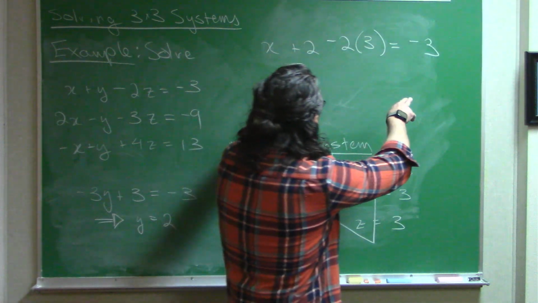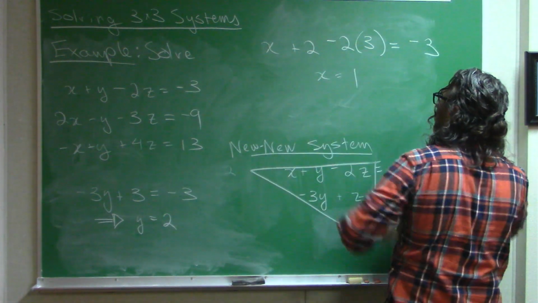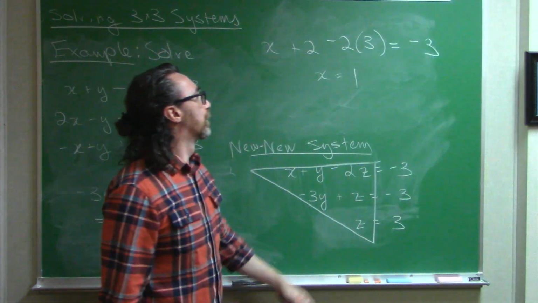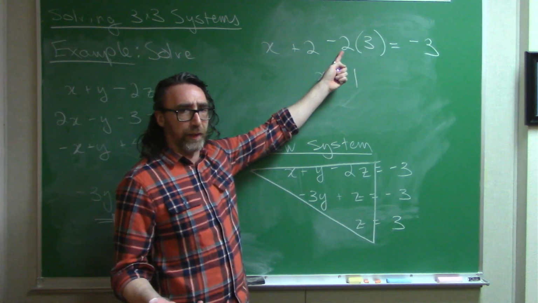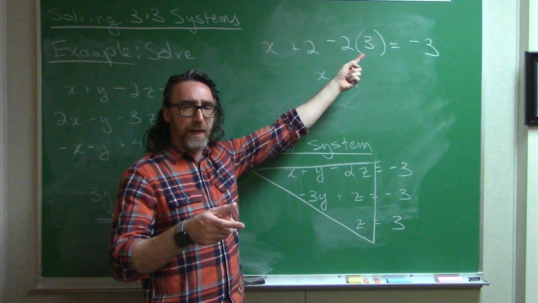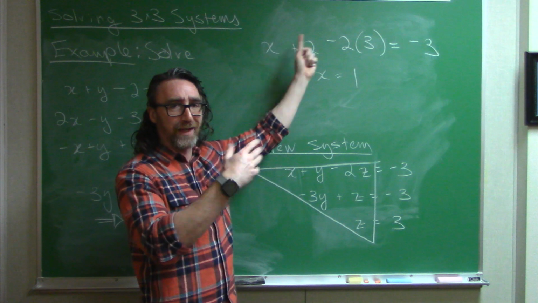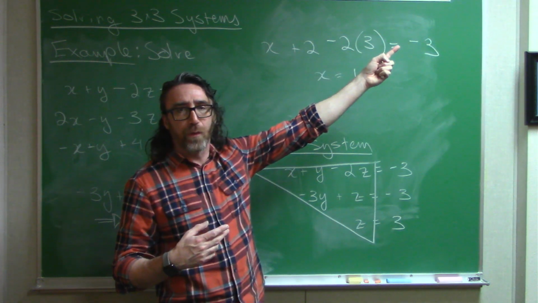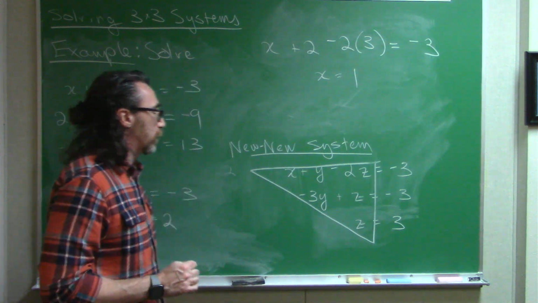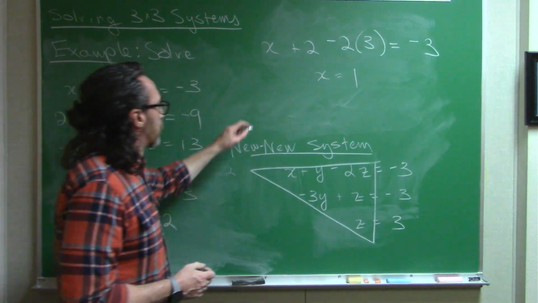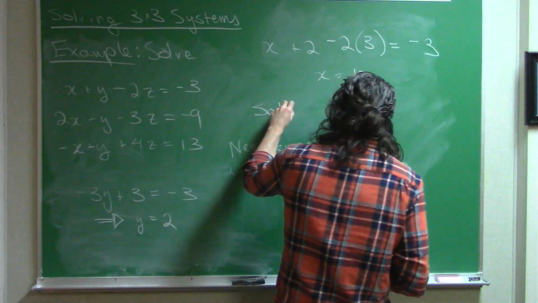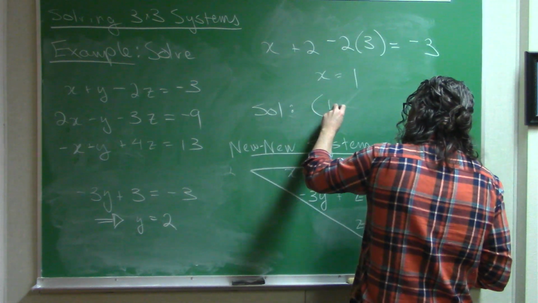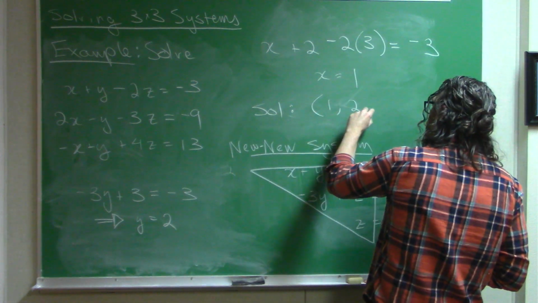Okay, and it looks like when all is said and done here, I think I get x equals 1. Right, that's a 2, that's a negative 6. So combine those, 2 minus 6 is negative 4. So this is x minus 4. On the left, add over the 4, you get x equals 1. So, I am proposing that the solution to the system is 1, 2, 3.